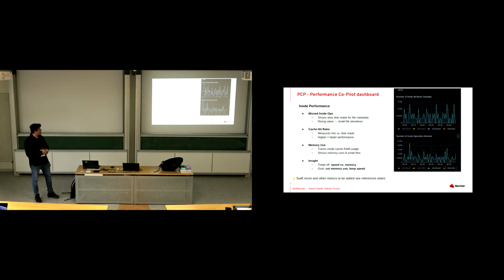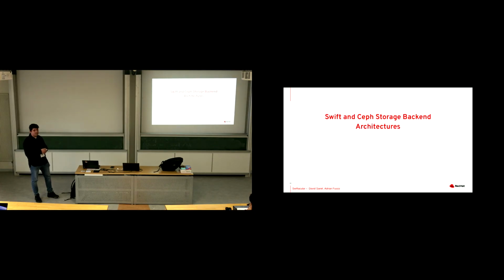And the other one is the dashboard I mentioned with Co-Pilot. Those metrics are the ones that we show while we were generating the objects and doing some performance tests. You can check all kind of information there, not just about CPU and memory, but also about XFS and inodes. I think that's all from my side.